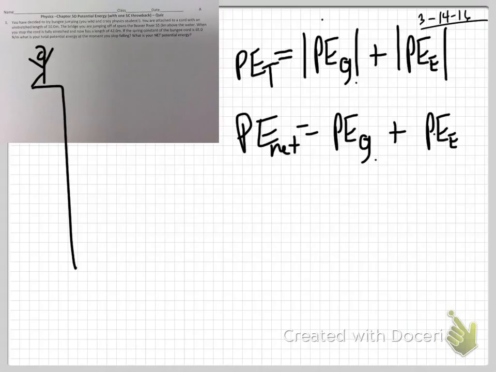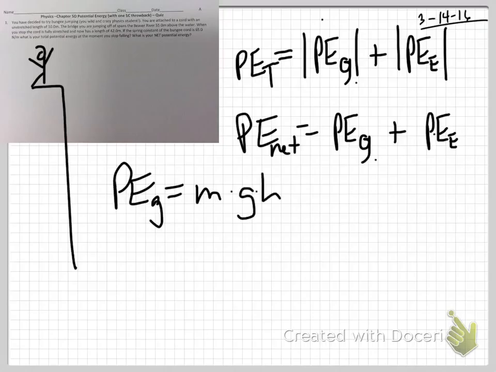So for either of them, we first have to figure out the magnitude of the potential energy due to gravity and the potential energy due to elastic forces. For the gravitational potential energy, since we're interested in the moment at which this crazy person stops falling, we want to look at that lowest point.